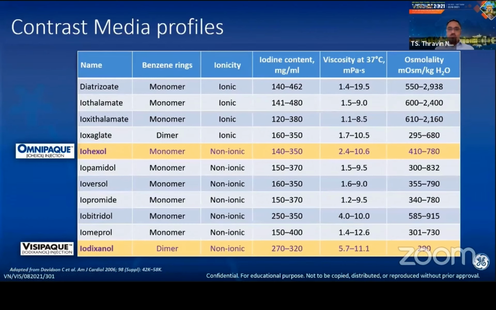By that I mean structure, which is your benzene rings, which make it a monomer or a dimer; your charge on the molecule, which makes it an ionic or a non-ionic agent; your iodine content, the viscosity, as well as the osmolarity of the agent. So we have iohexol, which is a non-ionic monomer, and we have iodixanol, which is a non-ionic dimer, and it is an isoosmolar contrast media agent.